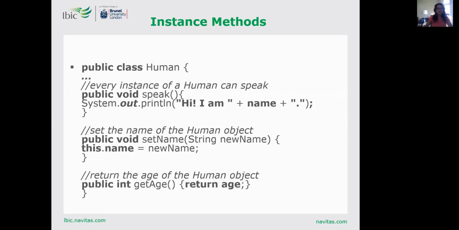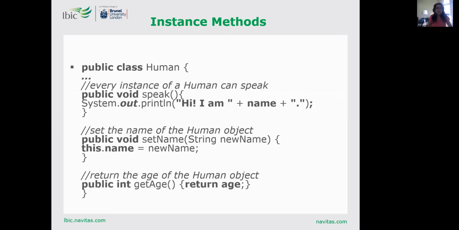So let's look at the instance methods. Let's go a little bit deeper into methodology and how to use methods in object-oriented programming. Also, I ask you to remember that nouns perform actions with verbs in the sentence, and objects in a Java program perform actions by use of their methods.